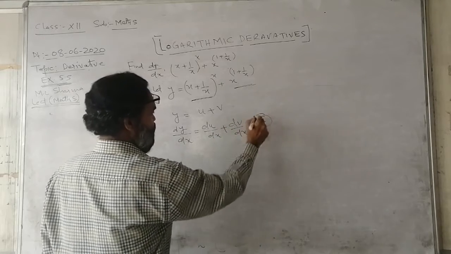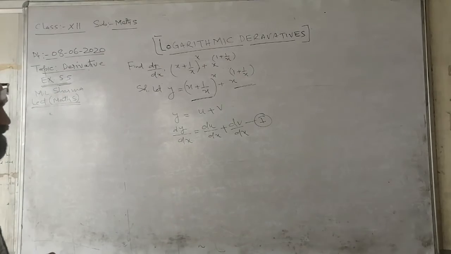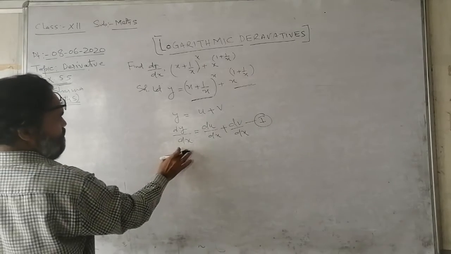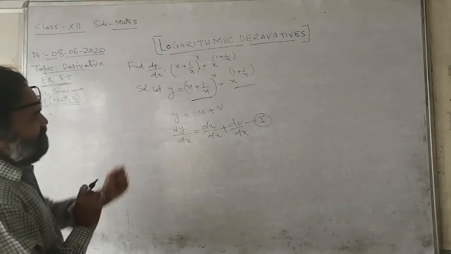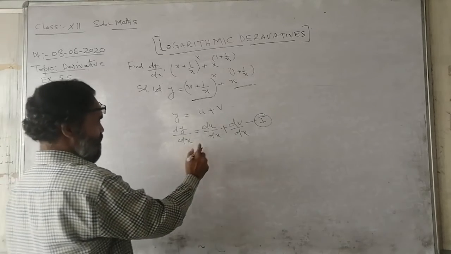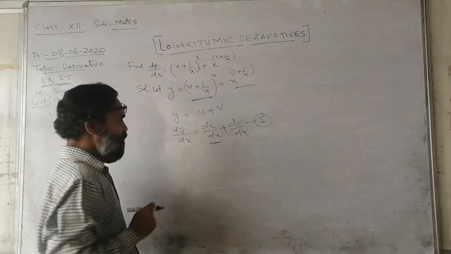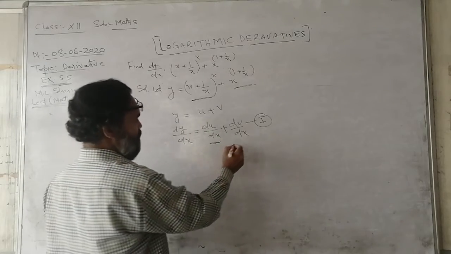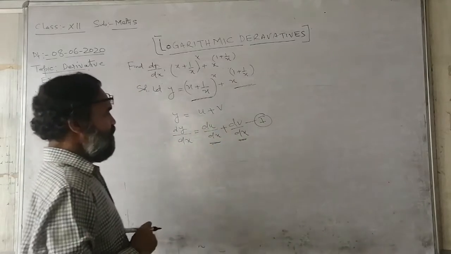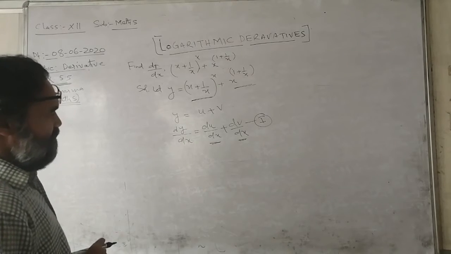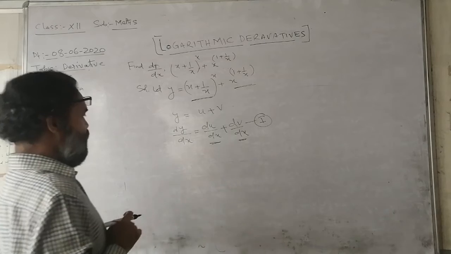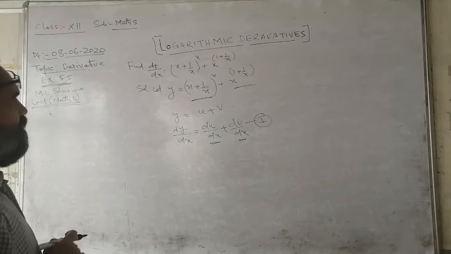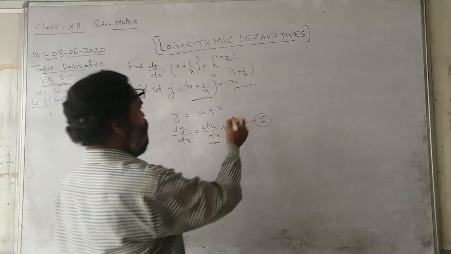So let this be marked as equation first. So for finding the dy upon dx, first I will find the value of du upon dx, then the value of dv upon dx. Then I will substitute these two values here, and the value of dy upon dx will come out.